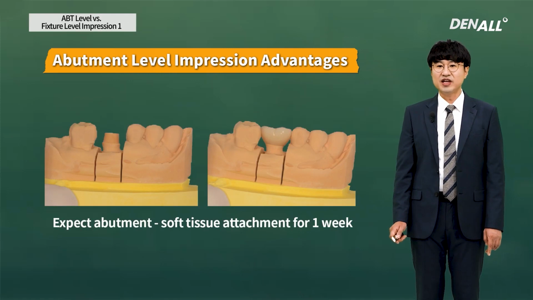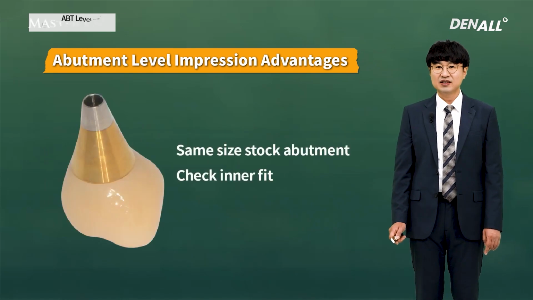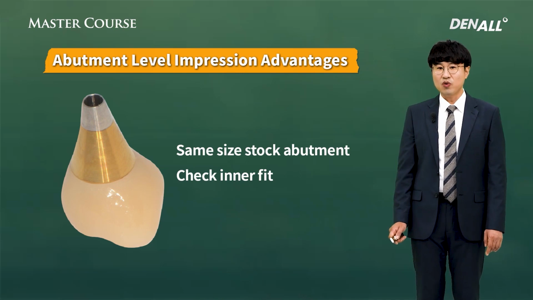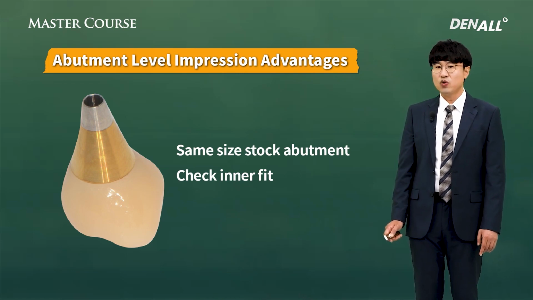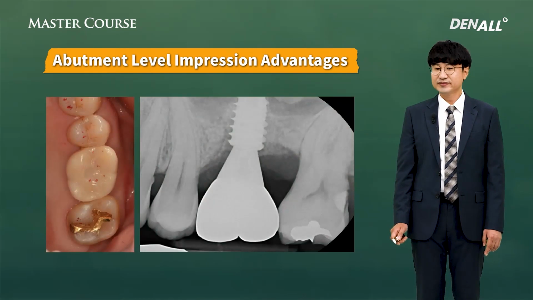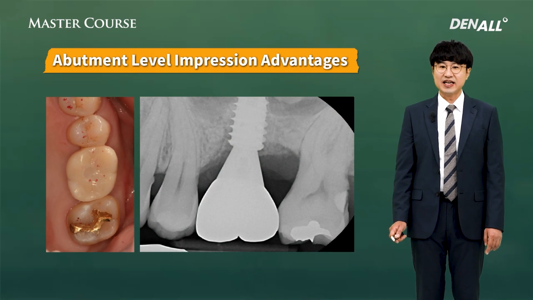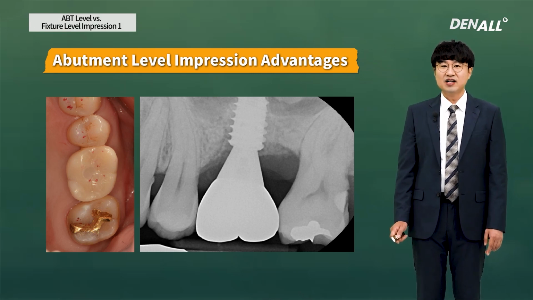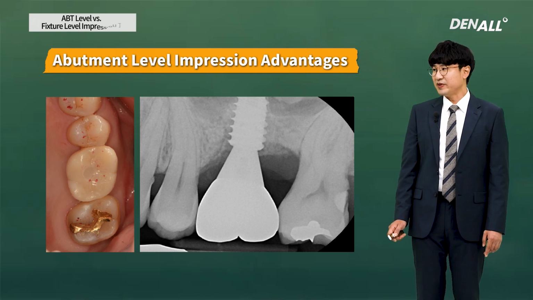As it was a supragingival margin, it was easy to create the prosthesis in the lab. The same stock abutment was used to check inner fit, and it was delivered to the clinic. If it doesn't go in well, you have to check the connecting strength with the adjacent surface. Once the abutment is connected, during 1 week we hope that there will be some soft tissue attachment. And as it was a supragingival margin, cement spillover seemed less likely.